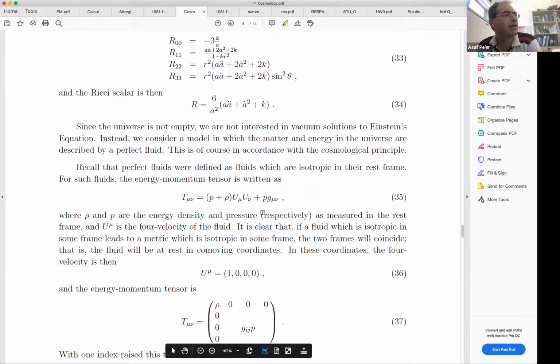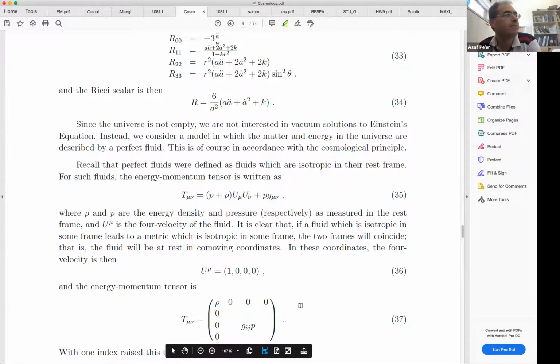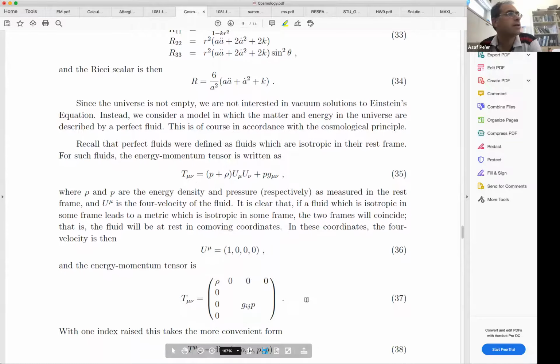And then for the ij component, I just get g^ij times P, because g^i0 is always going to be 0. So the energy momentum tensor is going to take the form of ρ 0 0 0, and then 0, and then g^ij times the pressure P.